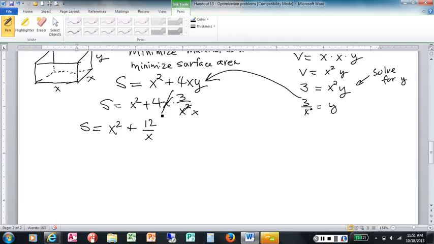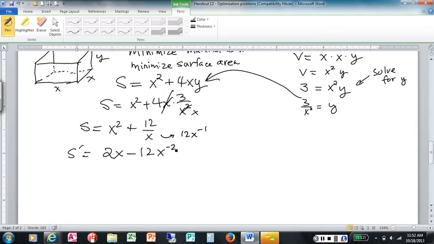The minimum usually occurs at a critical number, so I need to get the derivative here. So the derivative of x squared would be 2x. And then, like I said, you could use the quotient rule if you want. I like to just say, well, that's 12x to the minus 1, so that'll be minus 12x to the minus 2.